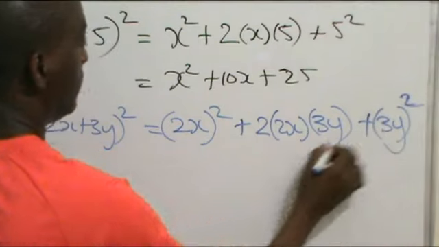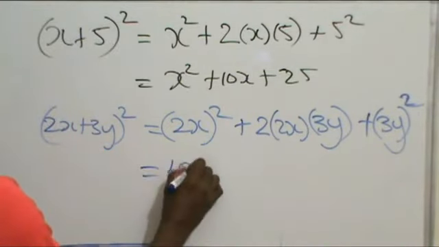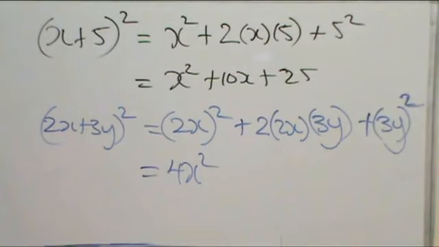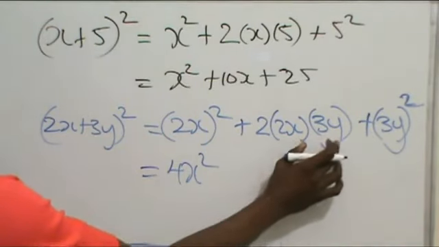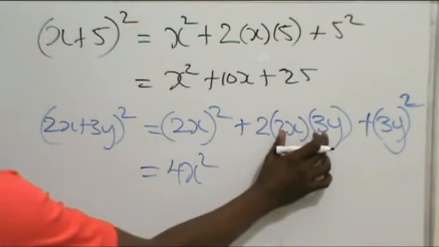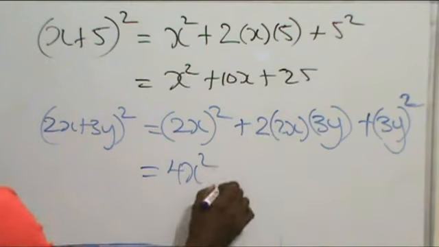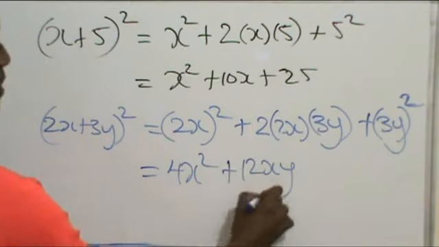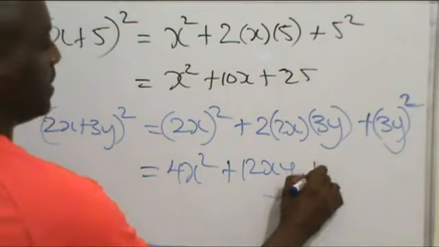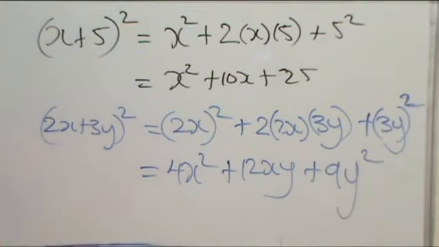Alright? (2x) squared is 4x squared. 2 by 2x by 3y. 2x by 3y is 6xy. 6xy by 2 is 12xy. And (3y) squared is 9y squared. Right? That is that example there.